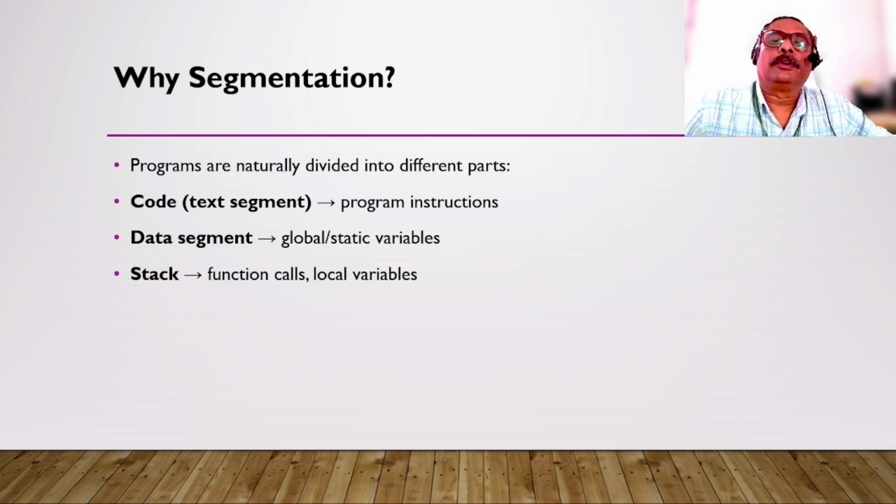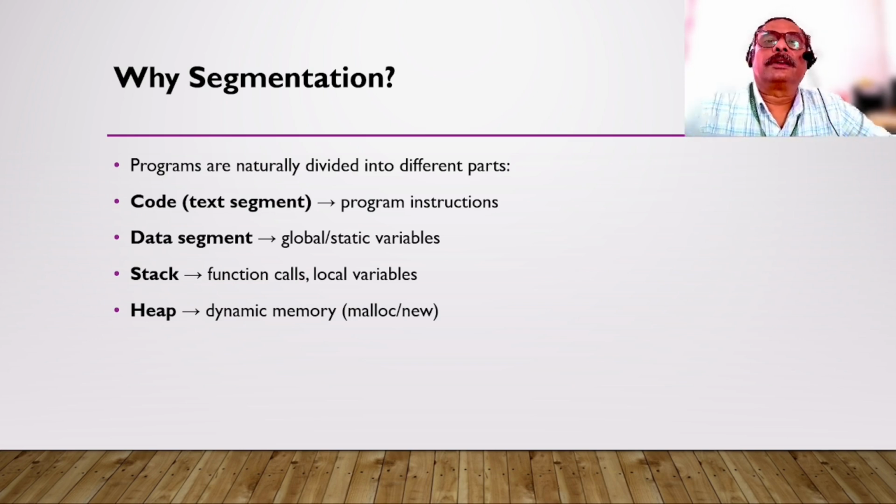Some part of the memory is reserved for the stack in the process, and then we require a heap memory, which is used for dynamic data. If the size of the data is not fixed and we want to keep changing the size of the memory defined for that data, that can be easily done using heap memory.